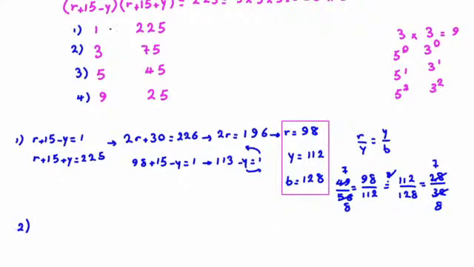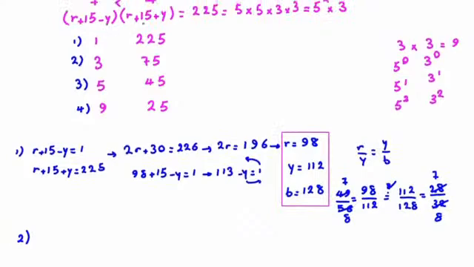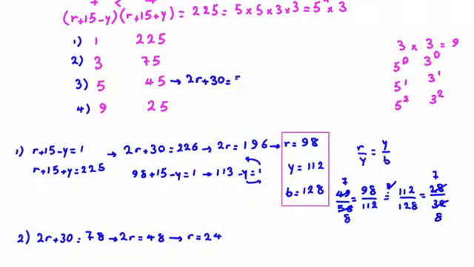Now, similarly, we want to find only R's. So, here, if we add these two equations, 2R + 30 equal to 3 + 75, 78. So 2R is 48 and R is 24. Let's check the third case here. 2R + 30 equal to 50.